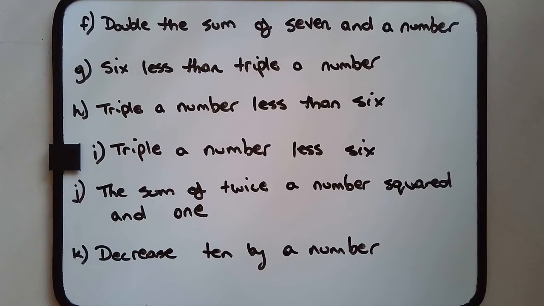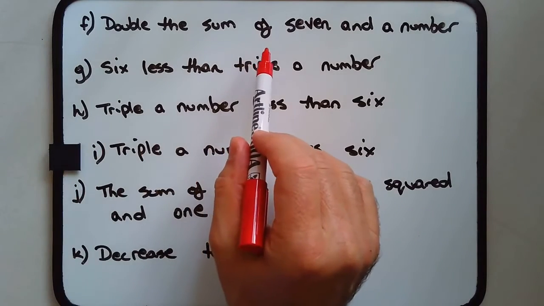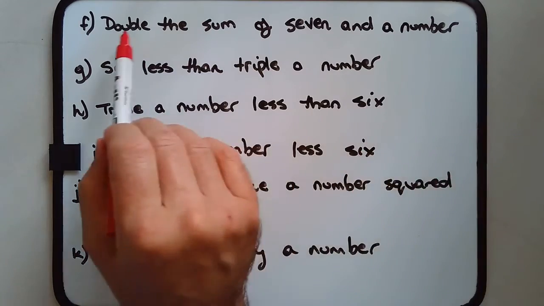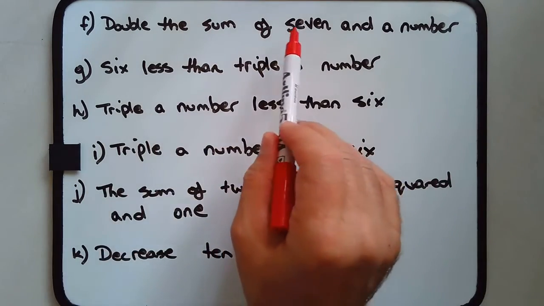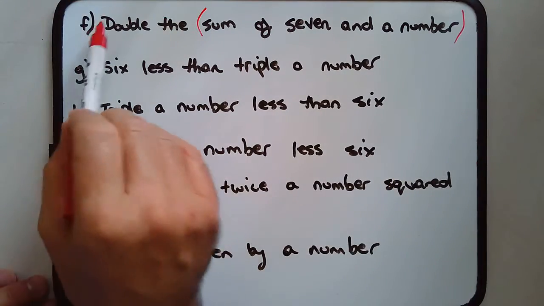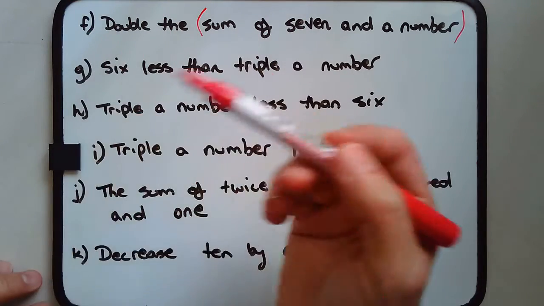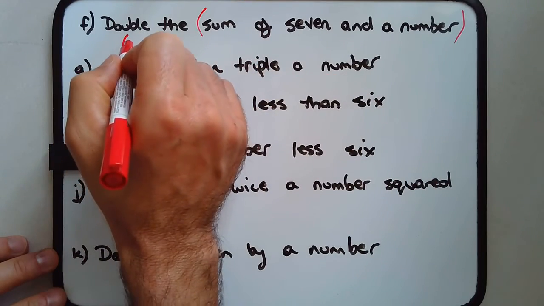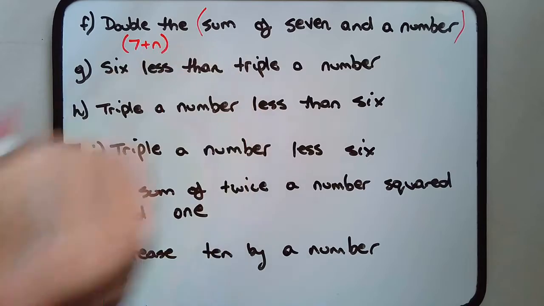Double the sum of 7 and a number. The wording of this implies that the sum of 7 and a number must happen first, and then we're going to double that. Double means multiplying by 2. So the sum of 7 and a number is going to be 7 plus n, in brackets.